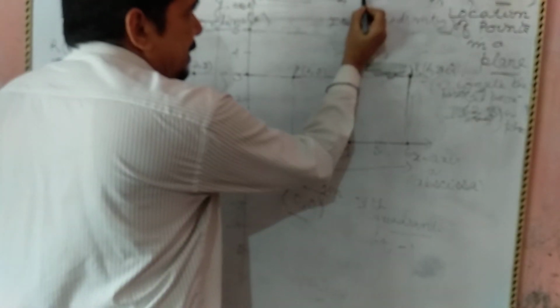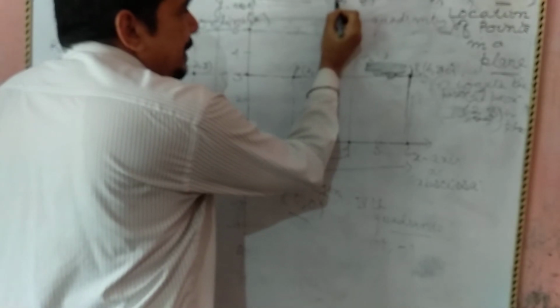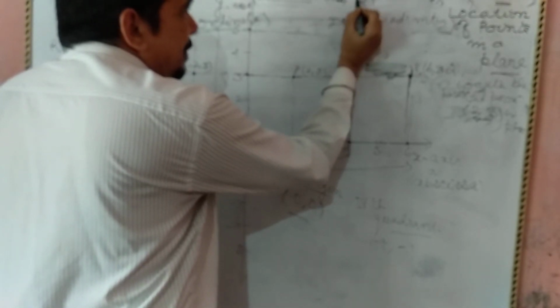Suppose you take 2 and 3, means 2 has a positive sign and 3 has a positive sign.